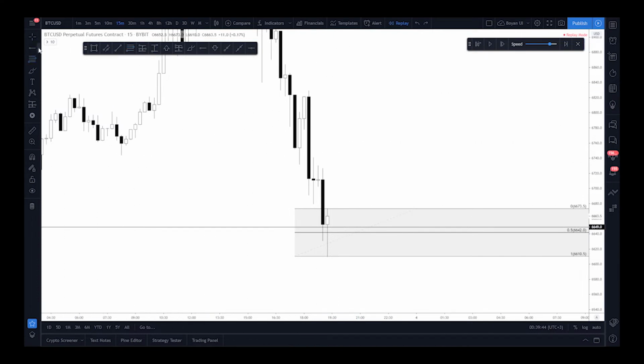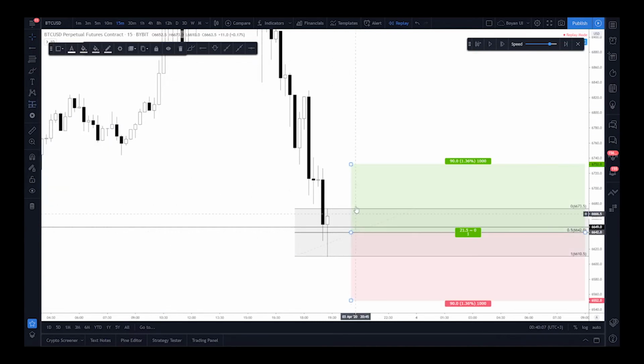So one of the first things to ask before we enter a trade, of course, is where am I wrong? And in this kind of setups, the invalidation level is usually a little bit or right after the bottom of the candlestick wick. So this would frame our setup like this.